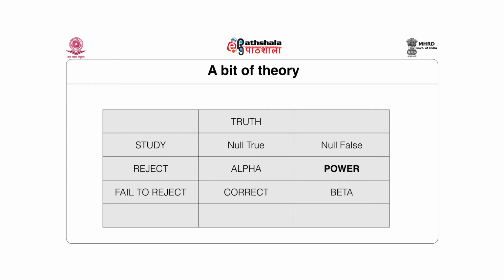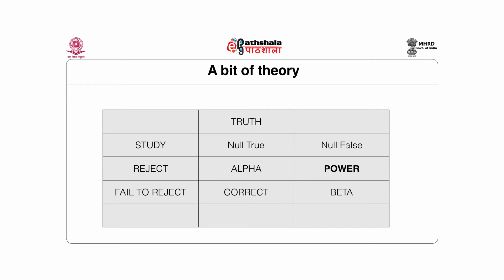This is the theory with which we start. So we have now covered three things. The first thing is that you must be mindful of the effect size of your research. The second is that you should know the level of your significance.